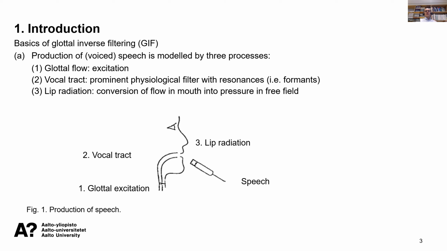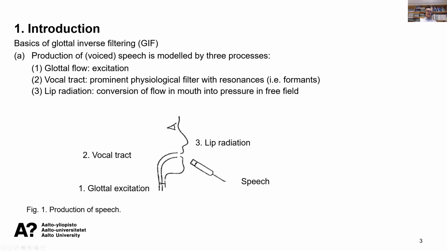So inverse filtering is an old technique to analyze production of speech and voice signals, and that's based on a simplified assumption of voice production called the source-filter model. According to that model, speech production can be assumed to happen as a result of three processes, which are shown in this picture.